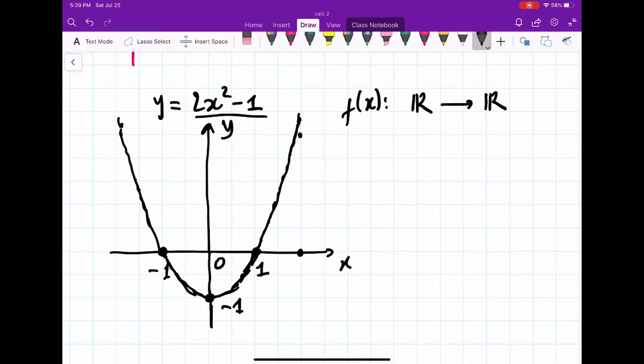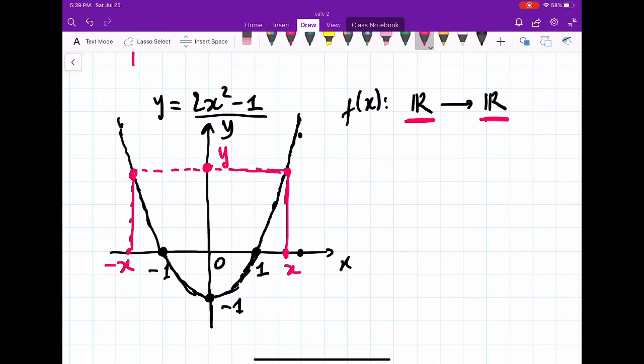For each x you have one y, that's good. But for each y you might have two x's: you might have x here and negative x here. That's why, in this case, the function does not have an inverse when you consider it from R to R. Makes sense?